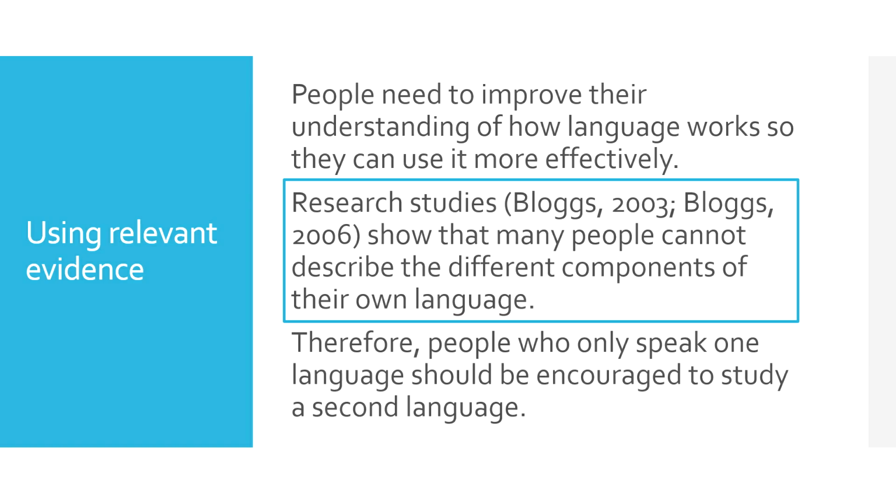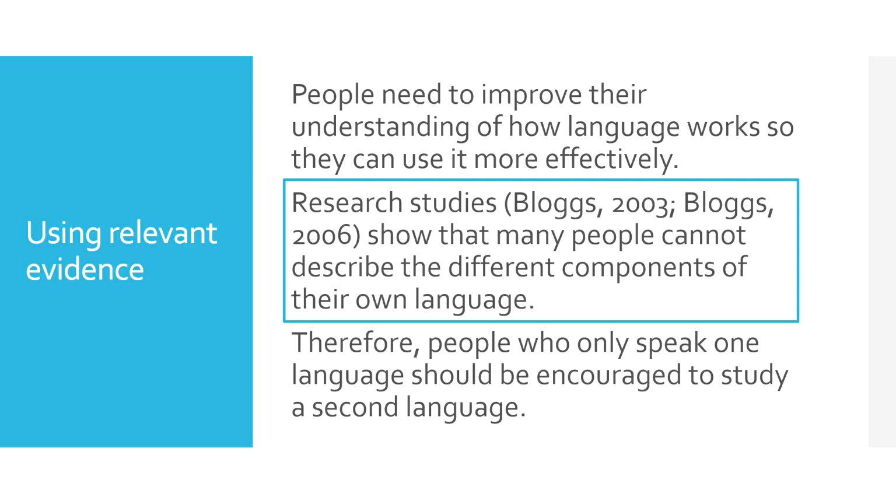Now, the first and third statements, the opening premise and the last conclusion, are exactly the same as before, but the evidence says research studies show that many people cannot describe the different components of their own language.